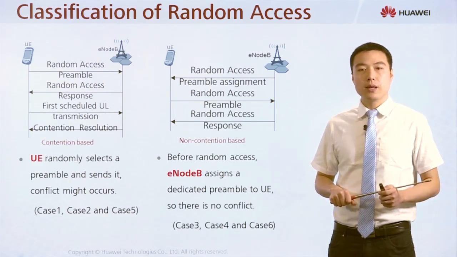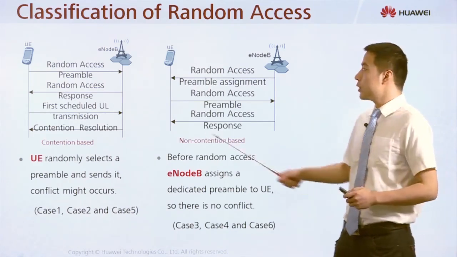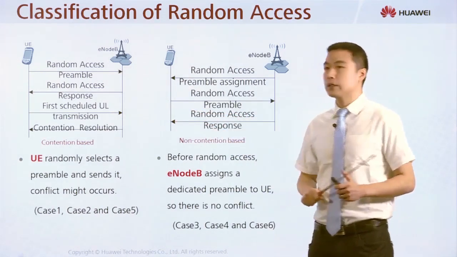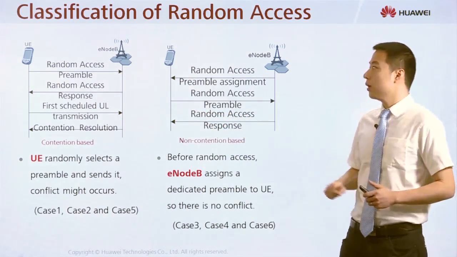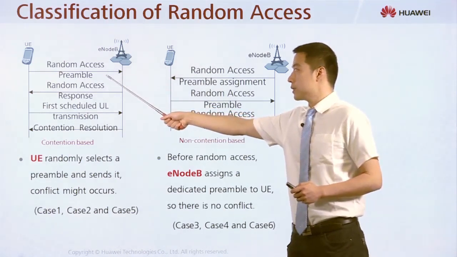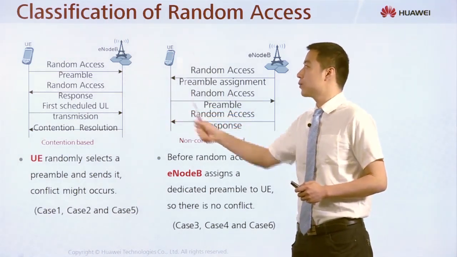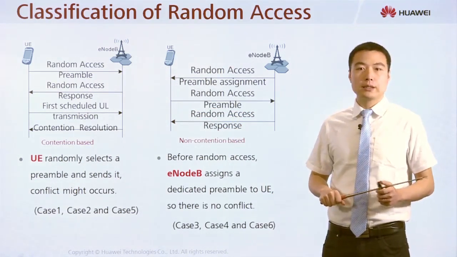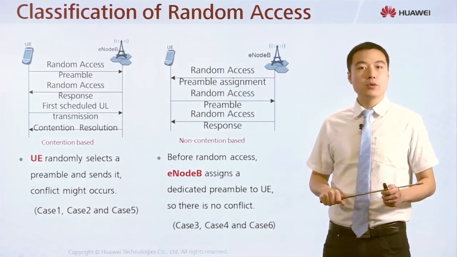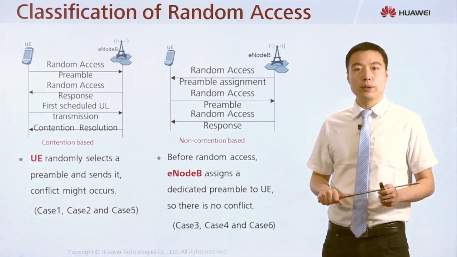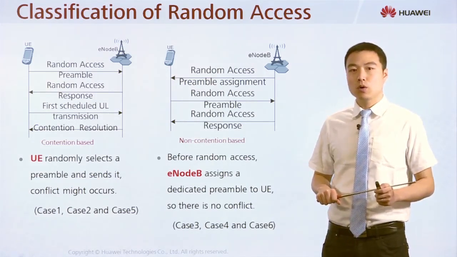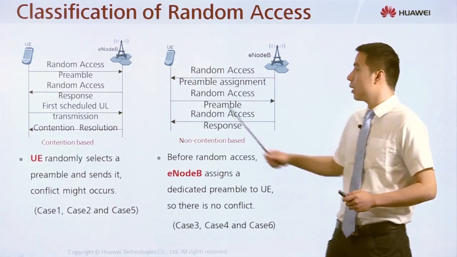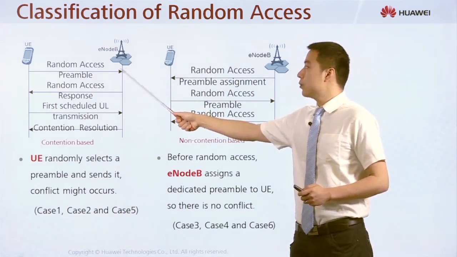Contention-based random access means UE first randomly selects a time slot and randomly selects an access preamble and sends the access preamble to the eNodeB. Because UE randomly selects a time, many UEs may access the eNodeB at the same time. So in this case, we may have some conflicts.